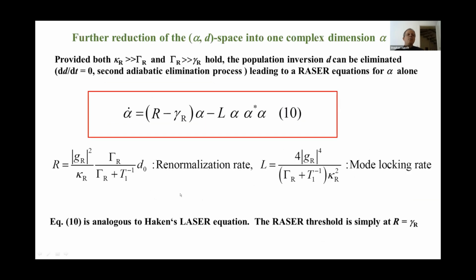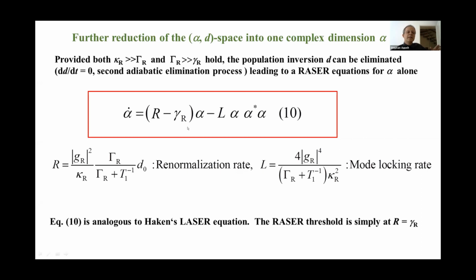Now we can further reduce the two-dimensional space, transverse spin and population inversion, to one complex dimension. This is what happens, especially if the second adiabatic elimination process is valid. So if both are valid at the same time, so the resonator damping is much larger than the pumping, and the pumping is much larger than the transverse rate. If that holds, which it does not in general, then you get a very simple equation for the transverse mode alone, the spin mode.